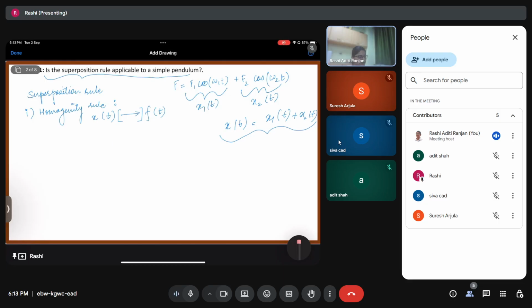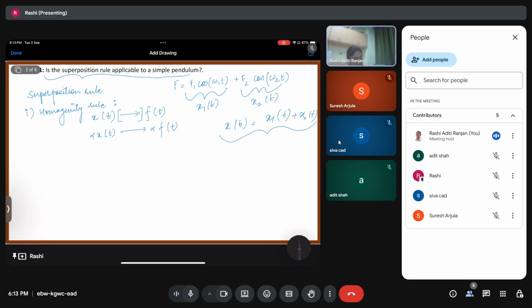So if x of t is going to give me a behavior of the form f of t, then alpha times x of t should give me alpha times f of t. So if I multiply my input with alpha, my output should also be multiplied by alpha. This is the only change that is going to happen.